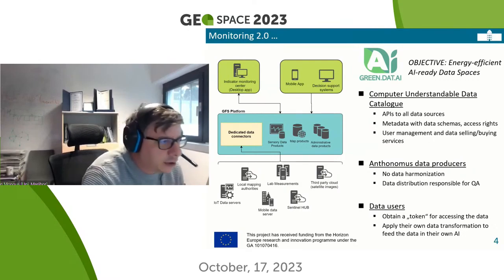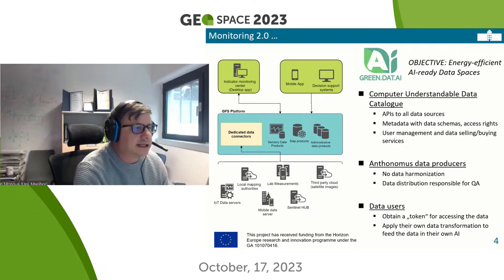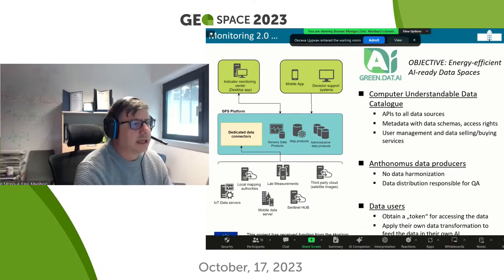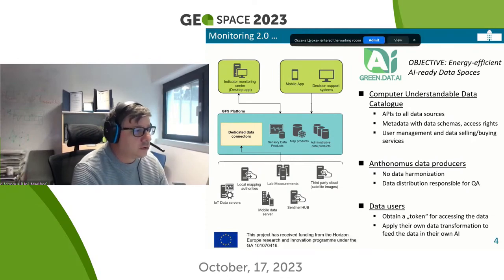In particular, a data space is more or less centered around a catalog of data sources, which are essentially only APIs that allow you to systematically find the data source wherever it might be. That means that these catalogs are composed of APIs provided by different data providers.